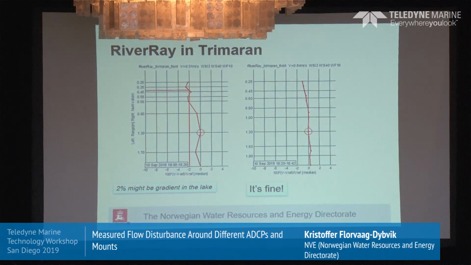So with that in mind, I'd say the RiverRay in the trimaran works just fine. There's a small bias here, but it's less than 1%. I have not done any statistical analysis on this, but it's probably within any band of uncertainty you can think of.